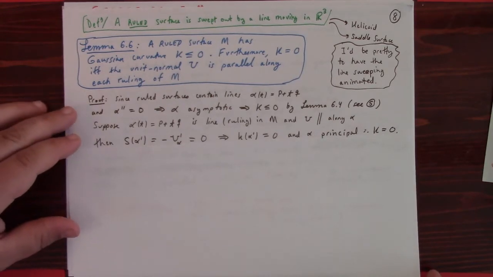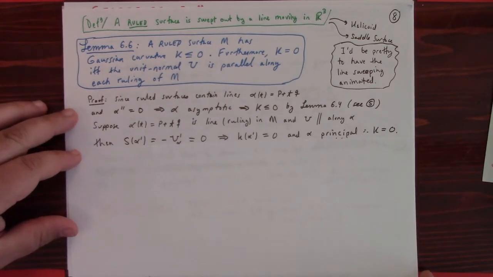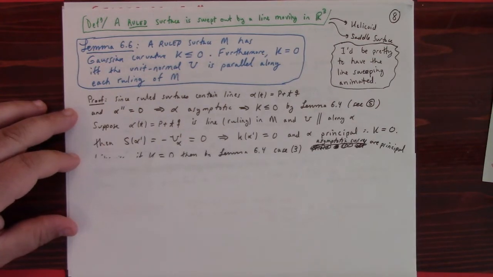If one of the principal curvatures is 0, and since Gaussian curvature is k1 k2, then of course Gaussian curvature is 0. Sorry, duh.